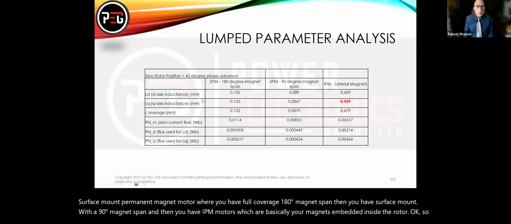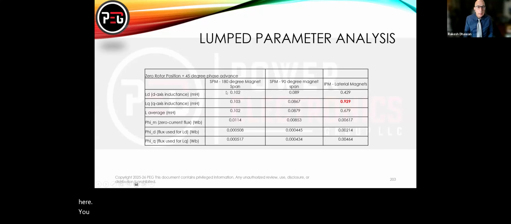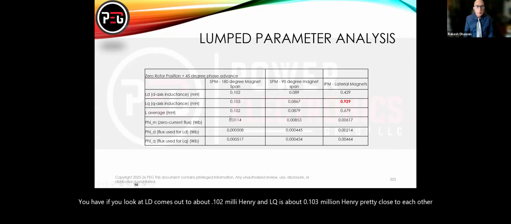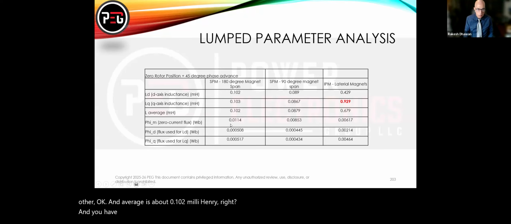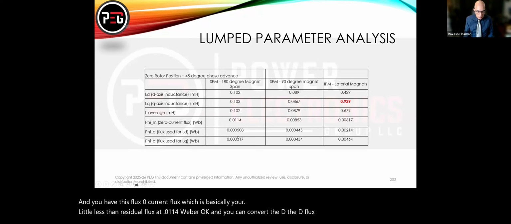If you look at LD, it comes out to about 0.102 millihenry, and LQ is about 0.103 millihenry, pretty close to each other, okay? And average is about 0.102 millihenry, right? And you have this zero current flux, which is a little less than residual flux, at 0.0114 Weber, okay? And you can convert the D flux and the Q flux also into Weber here.